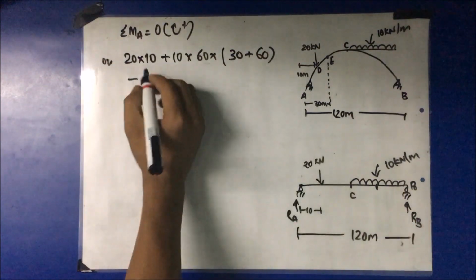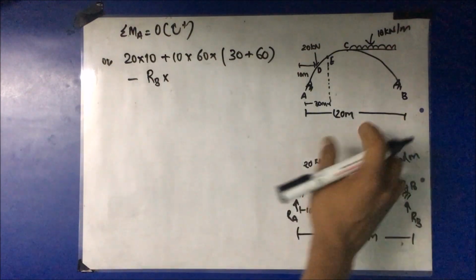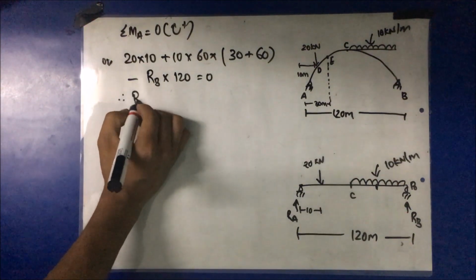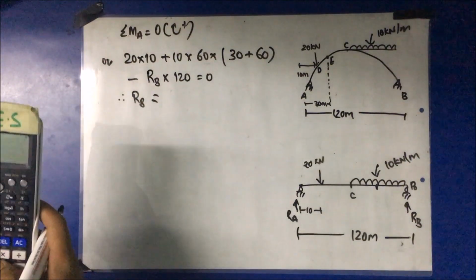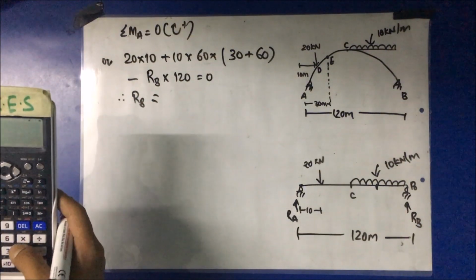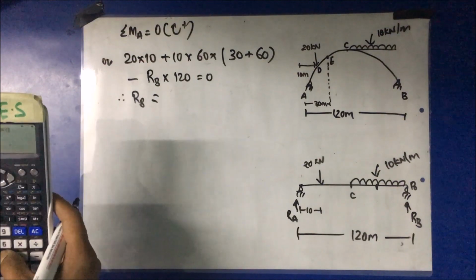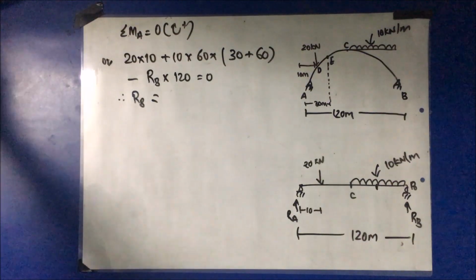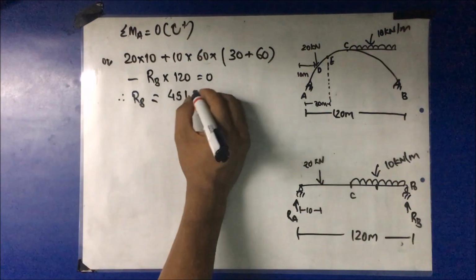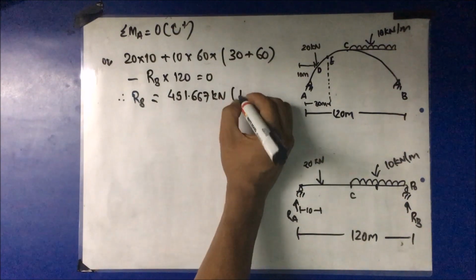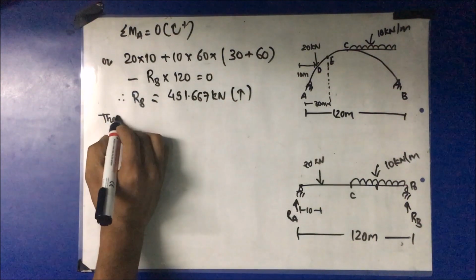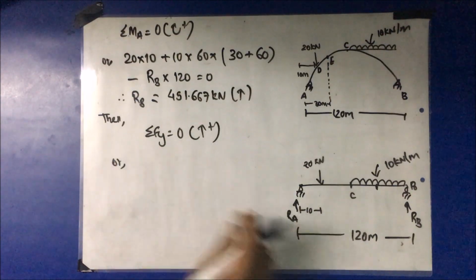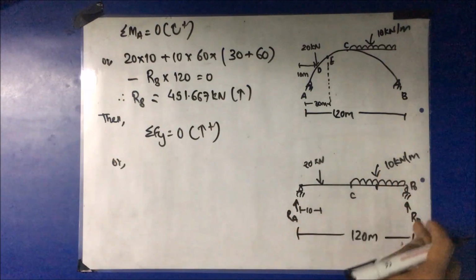RB multiplied by the whole span 120 is equal to 0. So RB is equal to 20 multiplied by 10 plus 10 multiplied by 60 multiplied by 30 plus 60, divided by 120. We get 451.667 kilonewton upward.